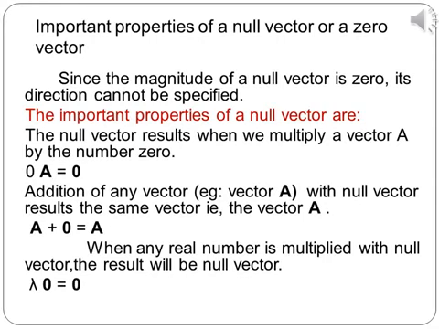Second one is addition of any vector, example, vector A with null vector results the same vector, that is the vector A. The mathematical expression is vector A plus null vector is equal to vector A. And third property is when any real number is multiplied with null vector, the result will be null vector. Its mathematical expression is lambda into null vector is equal to null vector.